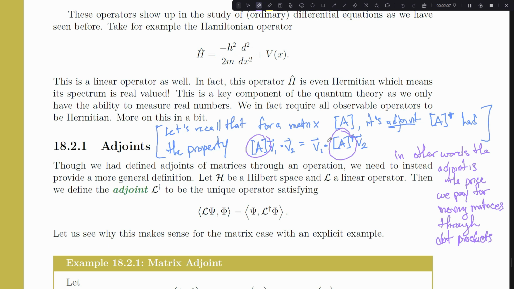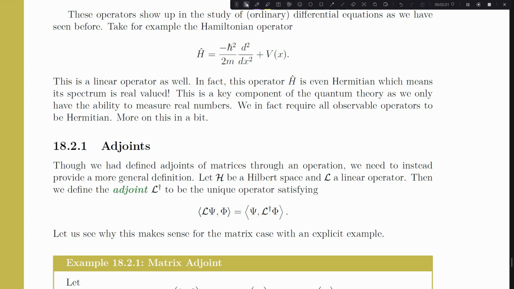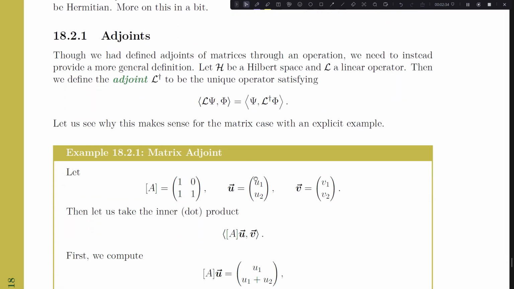That's what an adjoint is. And the same is true for linear operators. So considering a linear operator L associated to an inner product, we're jumping into infinite dimensions, so we just generalize our dot product to inner products. The adjoint is the price you pay for moving it to the right in the inner product, or moving it through the inner product. So we have the same language when it comes to linear operators.